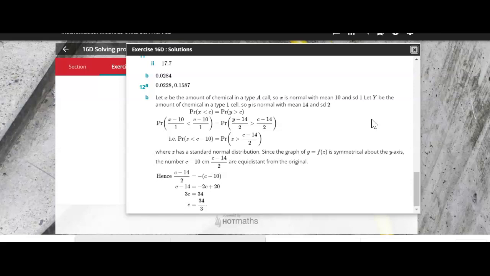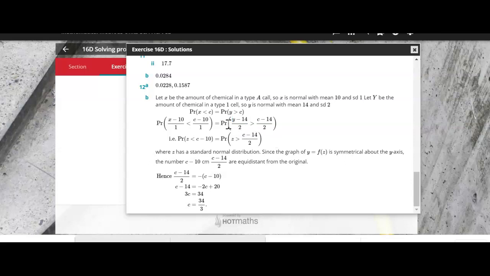This part here is just calculating the z-score: X minus your mean over the standard deviation, and then you've done the same thing for Y, Y minus your mean over your standard deviation.